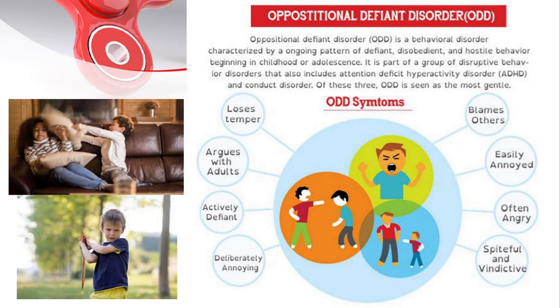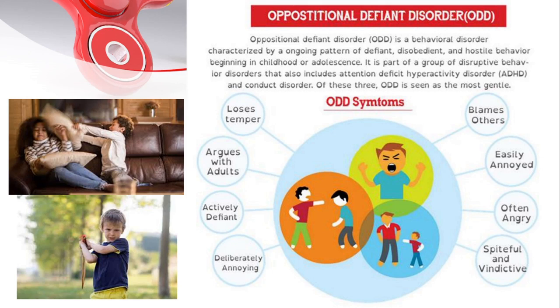Oppositional defiant disorder is characterized by a defiant or disobedient and hostile attitude which begins in childhood or in adolescence. Children with ODD often lose their temper and argue with adults, and they actively defy or refuse to obey the rules set by the adults.